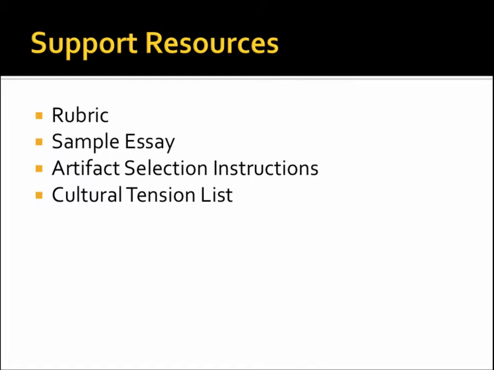Then there are detailed instructions on how to select an artifact, including a list of all the different kind of texts and art and resources and lectures we've had this semester. And finally, there's the cultural tension list sheet, which many of you have already been using, which will help you decide what's the best tension for you to organize your paper around.